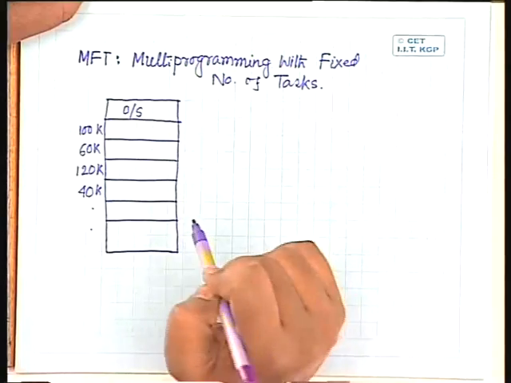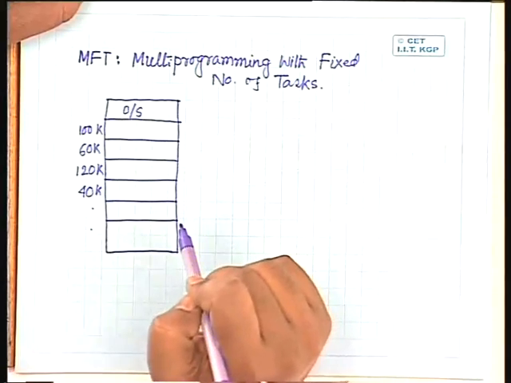Now whenever a new job has to be moved from the secondary storage into the main memory, it will be the responsibility of the loader. I hope you know what a loader is. So it will be the responsibility of the loader to see which partition is free and what is the size of that partition.